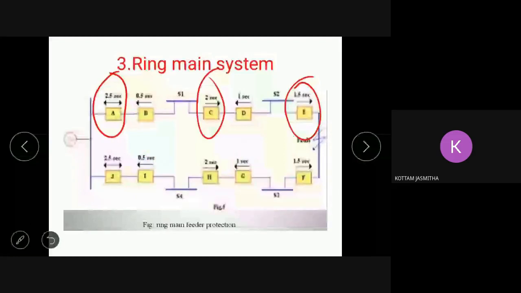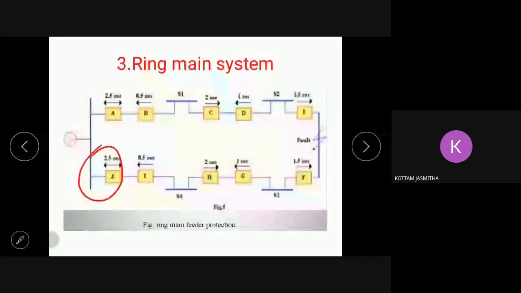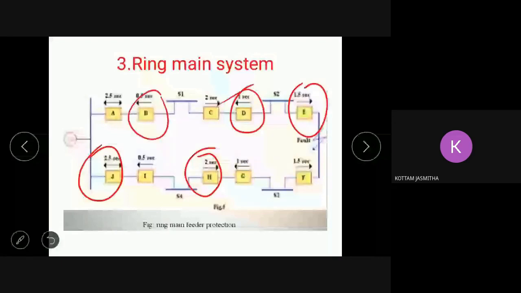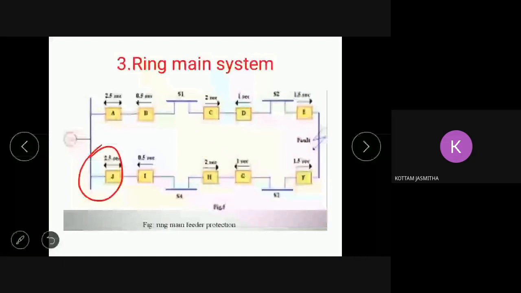But in the anti-clockwise direction it is also 2.5, 2, 1.5, 1, and 0.5 seconds. So this type of time grading we are using to make sure that if any fault occurs anywhere, the nearest circuit breaker operates within that time.